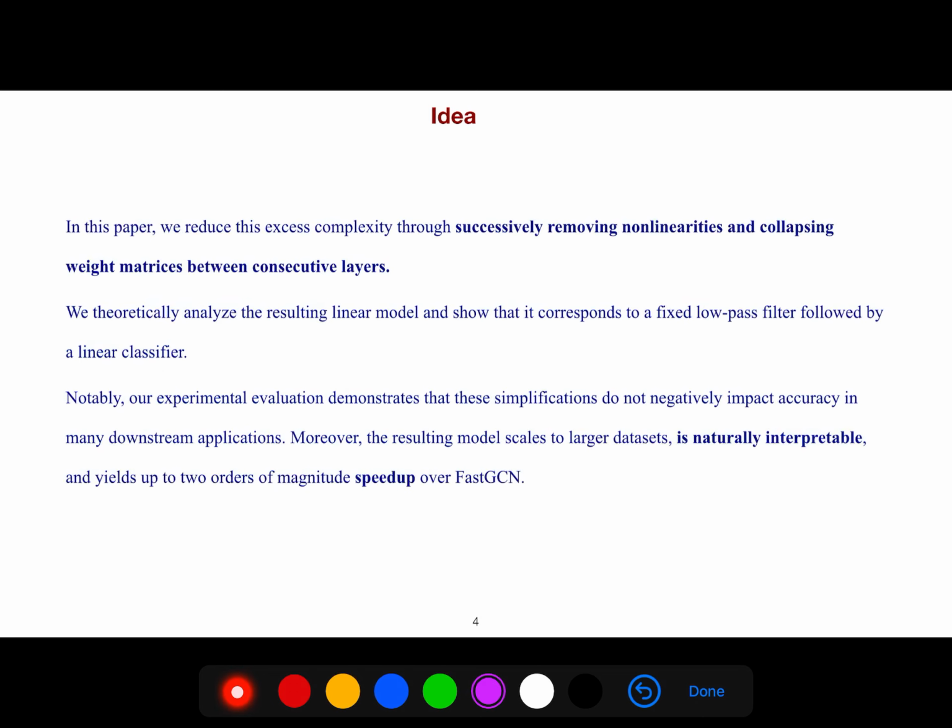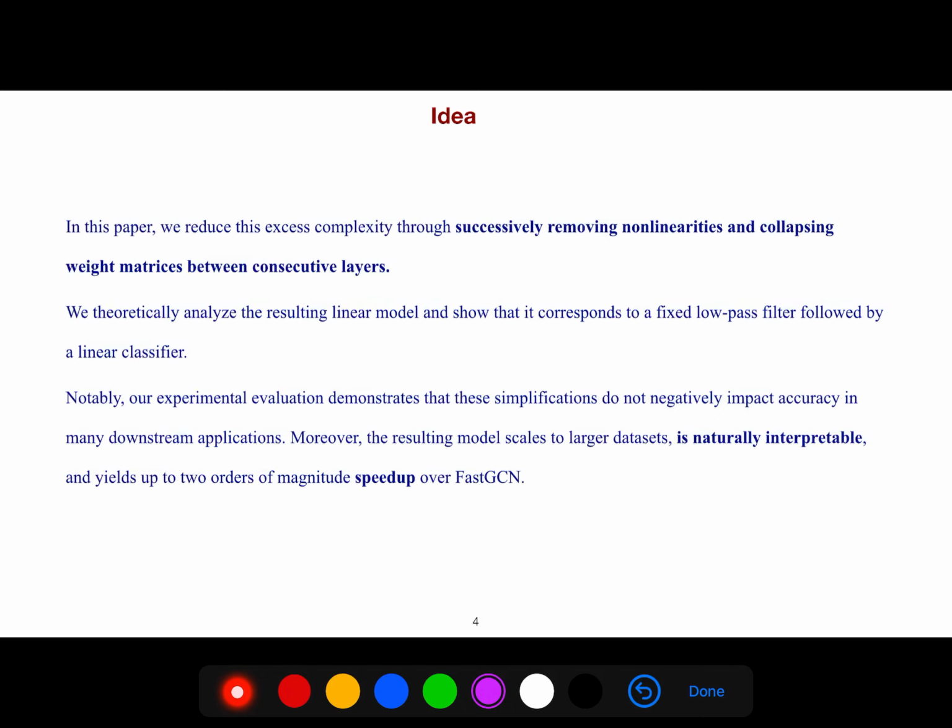So we reduce this excess complexity through successively removing nonlinearities and collapsing weight matrices between consecutive layers. We theoretically analyze the resulting linear model and show that it corresponds to a fixed low-pass filter followed by a linear classifier. Notably, our experimental evaluation demonstrates that these simplifications do not negatively impact accuracy in many downstream applications.